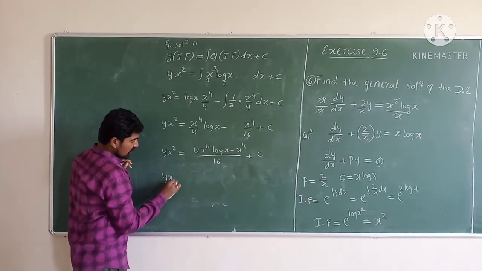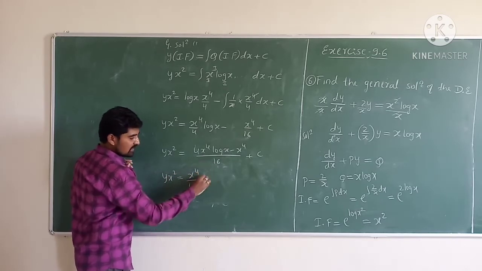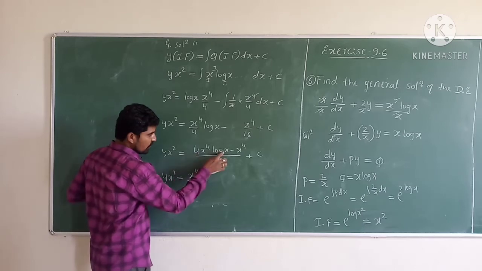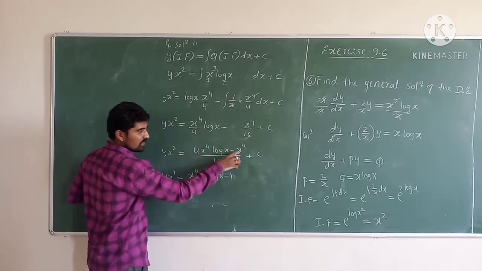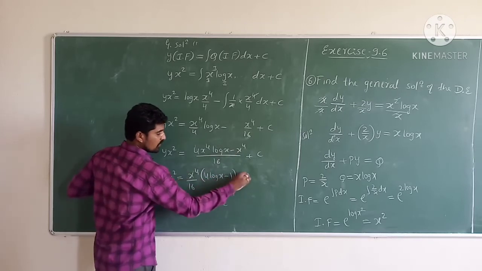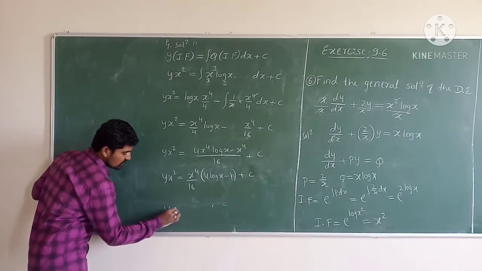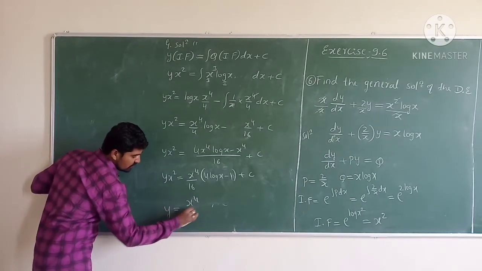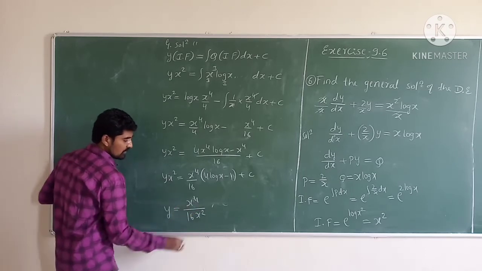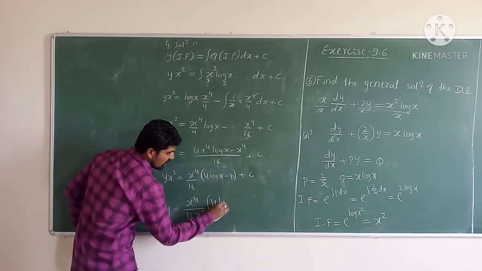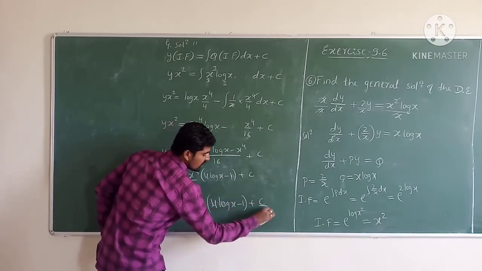So y into x square is equal to x raised to 4 divided by 16 into the remaining term 4 log x minus 1, x raised to 4 is common, plus integral constant. Therefore, the value of y is equal to x raised to 4 divided by 16 into x square, as I told you, into 4 log x minus 1 plus c divided by x square.